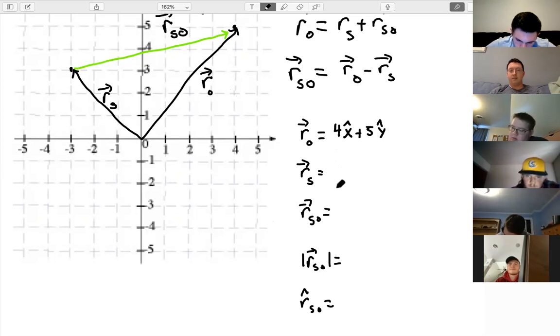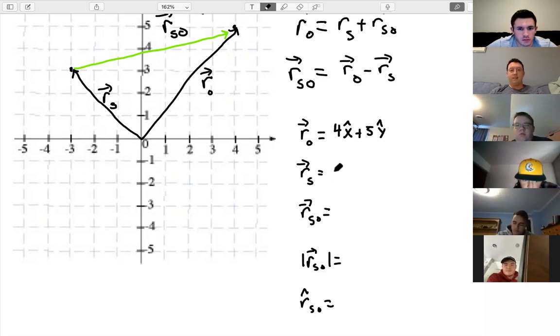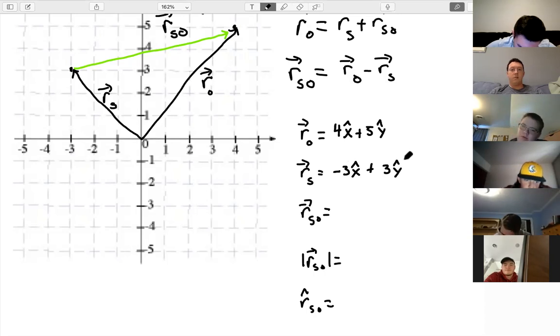Somebody else call that one out. I'll have to put you guys on the spot. Negative 3x hat plus 3y hat. Good, I agree. How about R_SO?